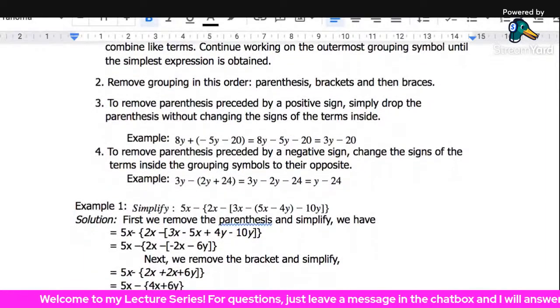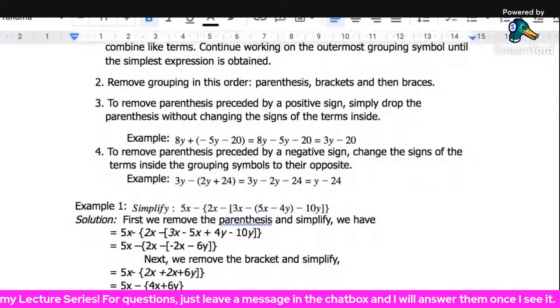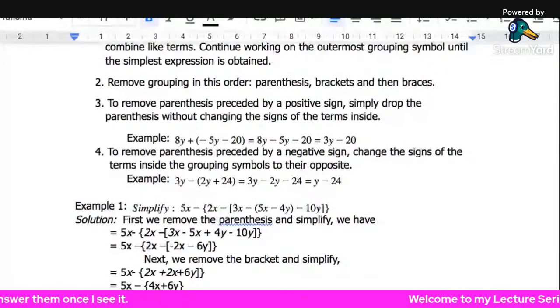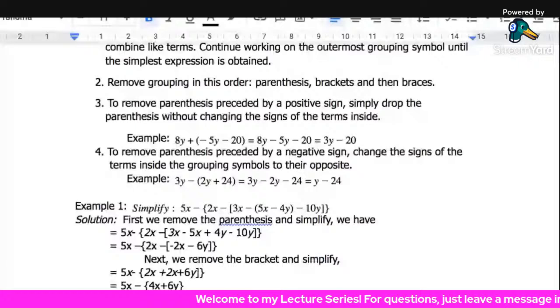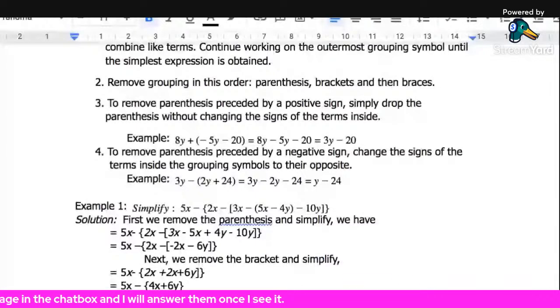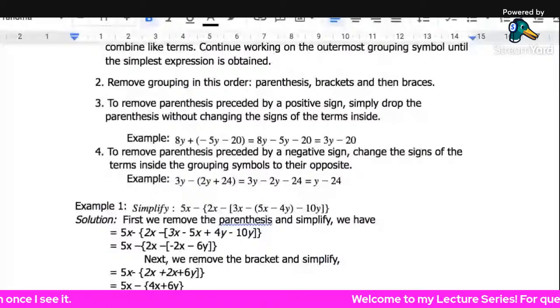Okay. So to remove parentheses preceded by a positive sign, simply drop the parentheses without changing the sign of the terms inside. Okay, that's very basic. So for example, here we have 8y plus negative 5y minus 20. So we just drop the positive sign here and retain all the signs between each term in the expression. So we have here 8y plus times a negative, so that will be negative.